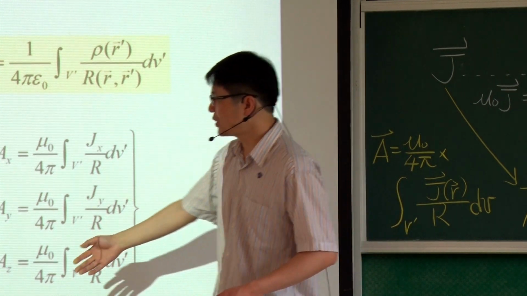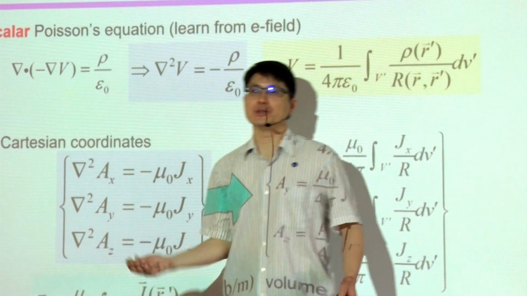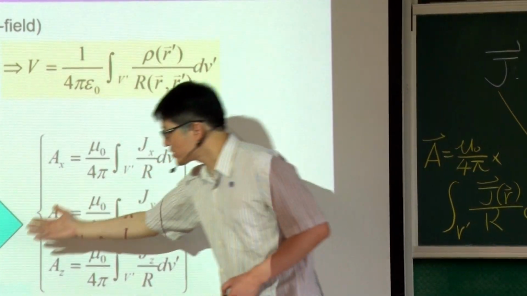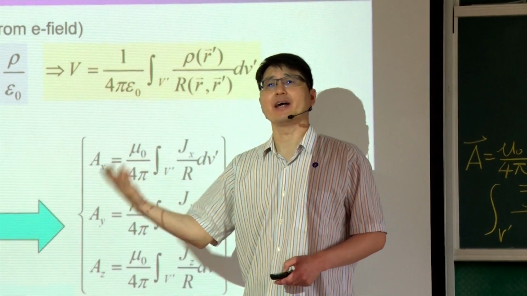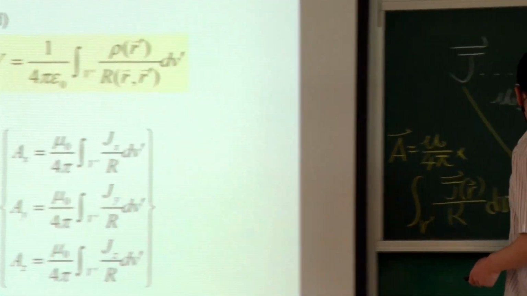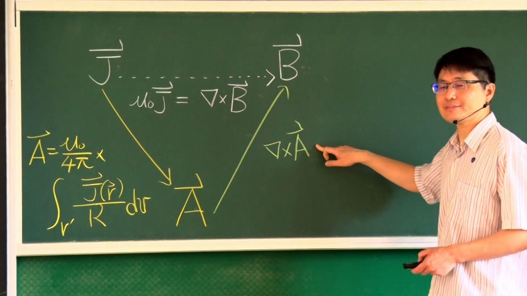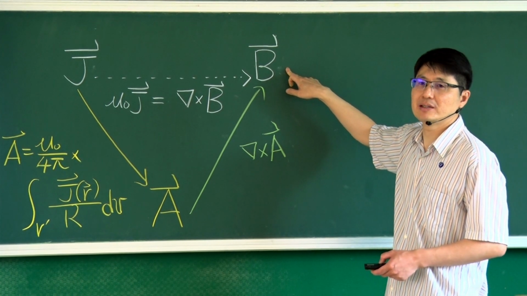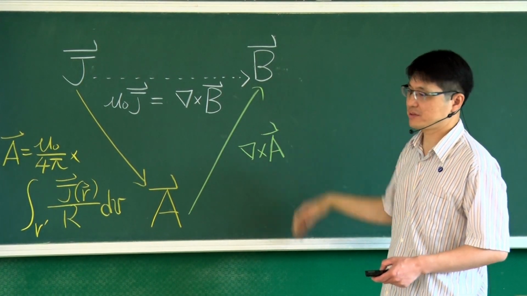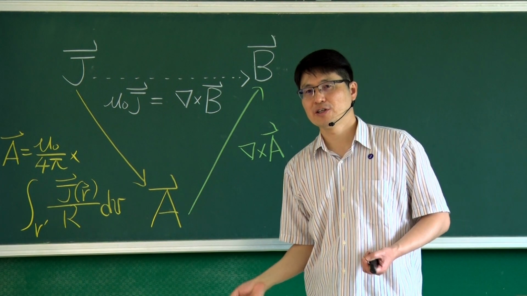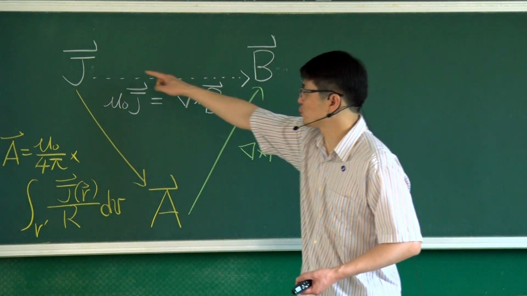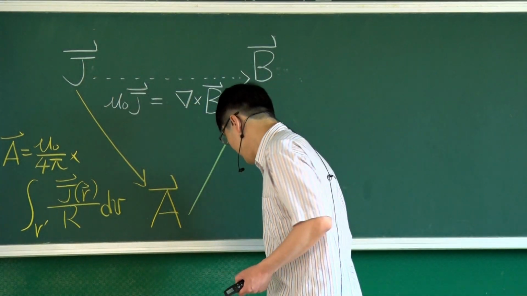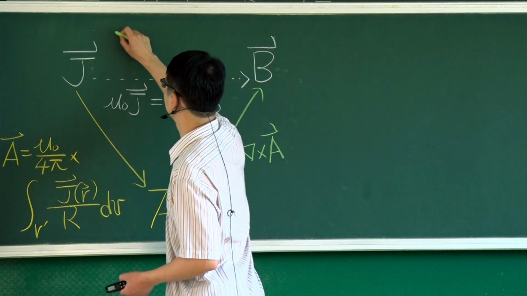That's it. Once you have A, you perform the curl, you get B. So what they did exactly was to use this form and perform curl of A. Okay? Curl of A. So once you have this A, you perform curl of A, you arrive at B. But in that process, after their solution, you find the direct path to arrive at B starting from J. Okay? So this is called the Biot-Savart law.